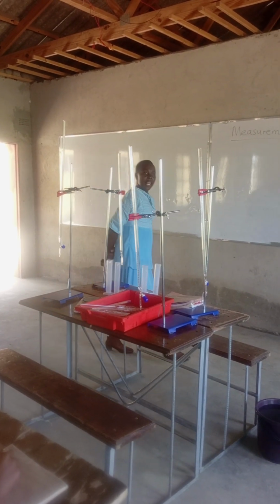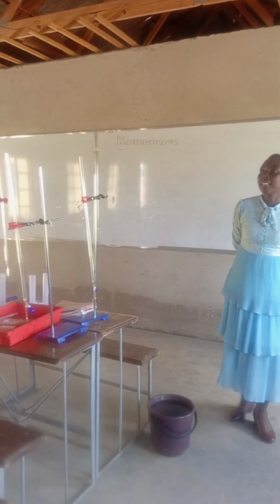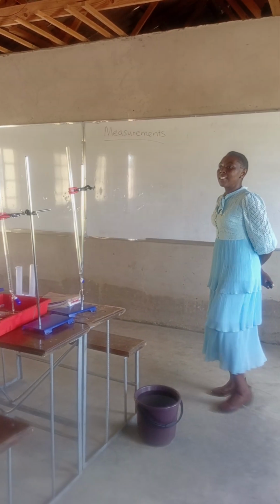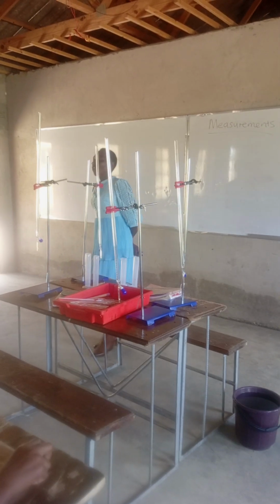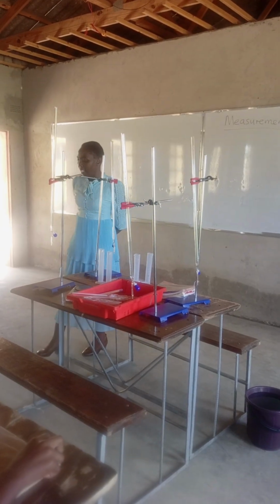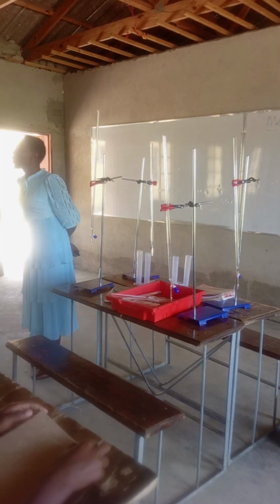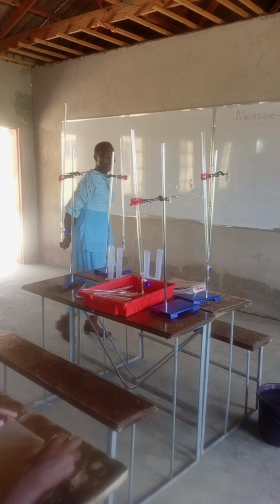What other measurements do we take at home? Water. What do we use to measure water? We use a jug. What else do we use to measure water?